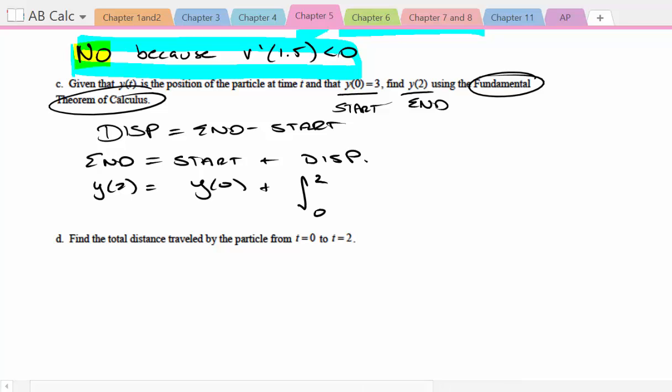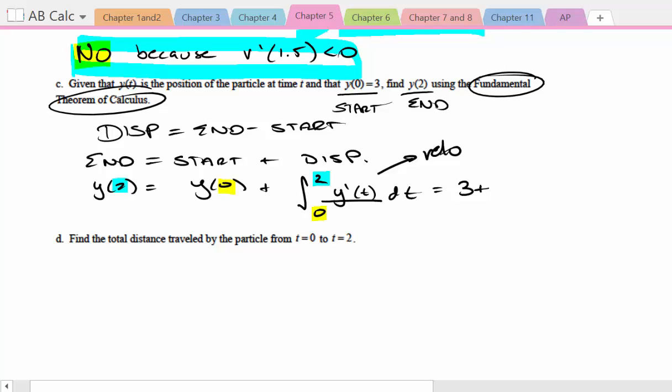Now, this always has to match up. If these don't match up, then it won't be right. If I'm trying to figure out what goes here, it's the derivative of y. So in this case, y prime of t dt. I know y of 0 equals 3, so I can say this is 3 plus. Now the integral of y prime, well, if y is the position, then y prime is the velocity.